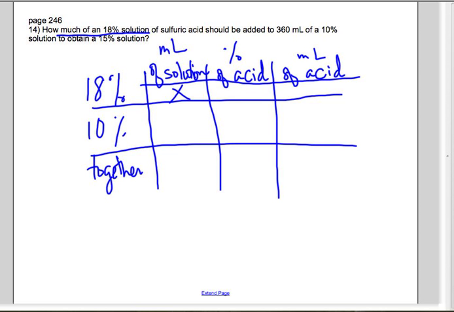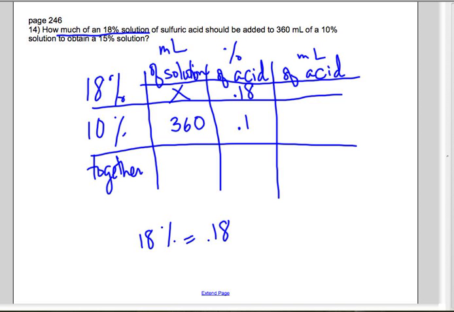And we know it's 18% acid, so that's 0.18 because 18%, you move the decimal over 2 places, and that's 0.18. And it says we have 360 milliliters of the 10%, that's 0.10 or just simply 0.1.